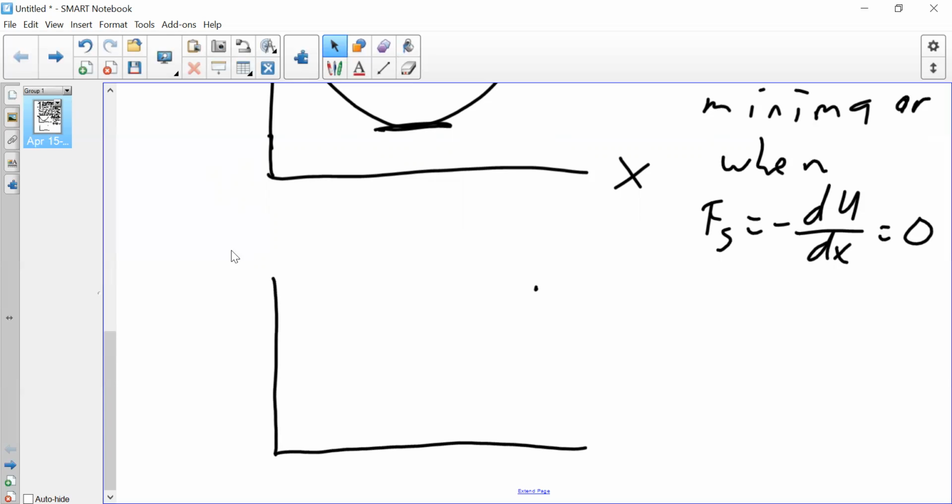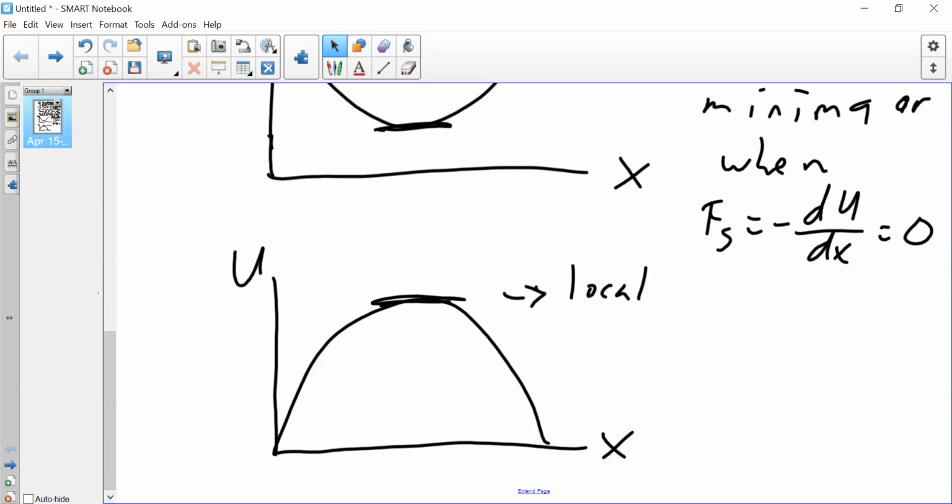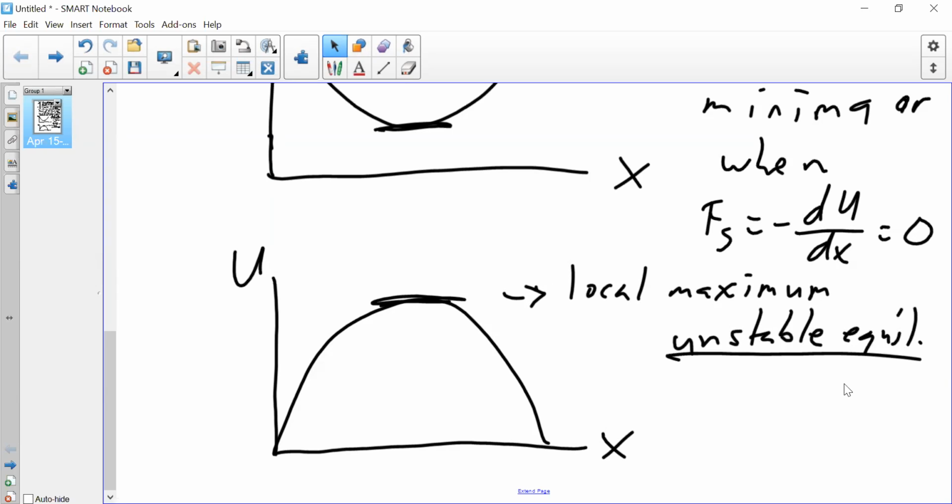So we have a case of U versus X that looks like this. It's a turning point, but that's a local maximum. Those in calculus know all about this. So unstable at local maxima.